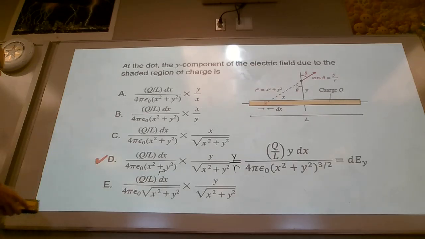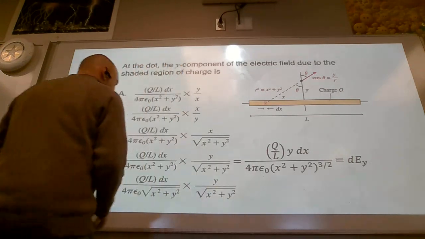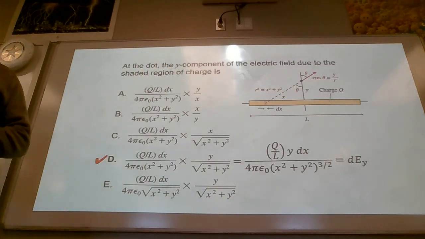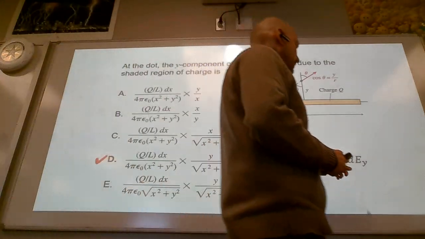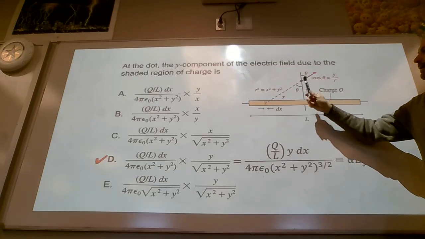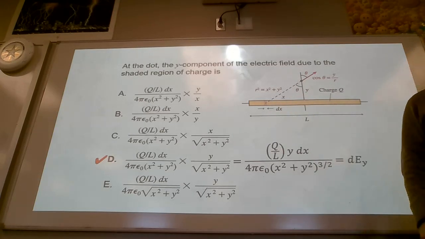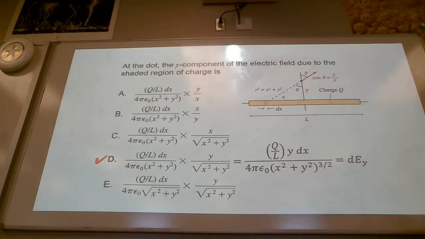So this, my friends, is the small vertical component of this electric field produced by this little infinitesimally small point charge located there.